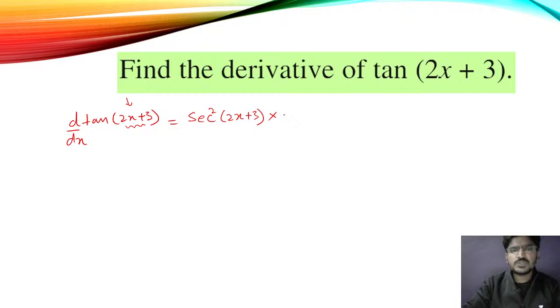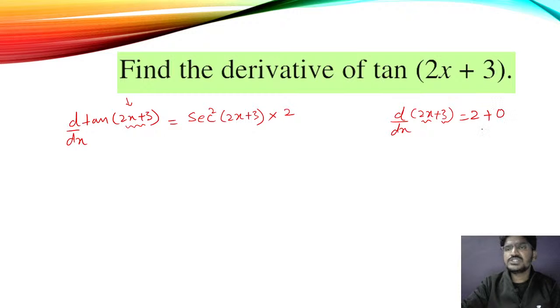If you differentiate 2x plus 3, you are going to have 2, because the differentiation of 2x is 2 plus the differentiation of 3 is 0. So your answer is going to be 2 secant square of 2x plus 3 by the formation of chain rule.